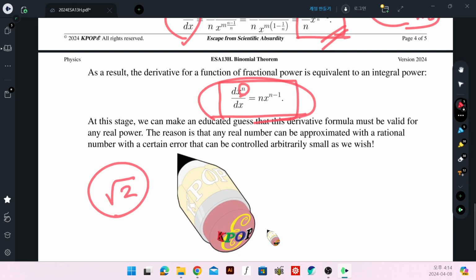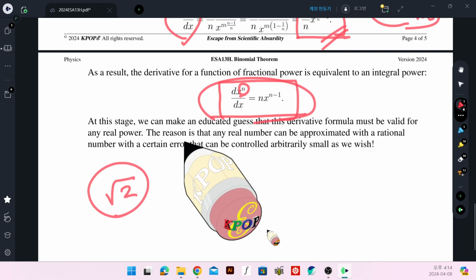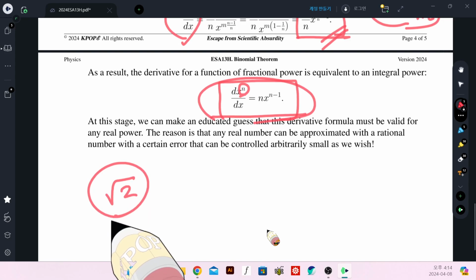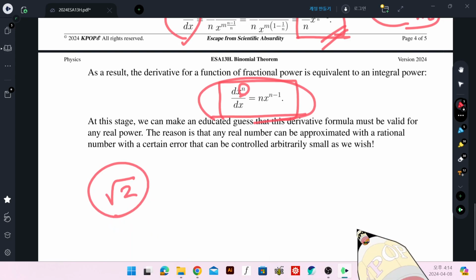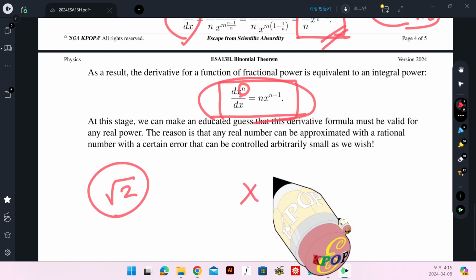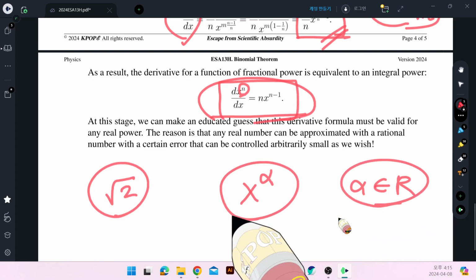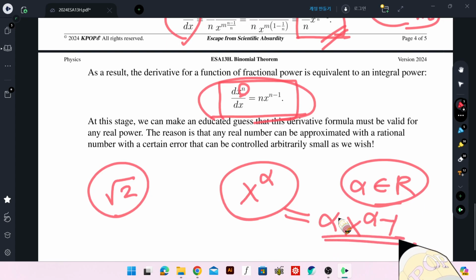So we can find a very accurate approximation of any real number, including irrational numbers, in terms of a rational number. Therefore, we expect x to the alpha, where alpha is a real number, its derivative should be of the form, this is our guess. This is our guess, and it will be found to be true in the next step.